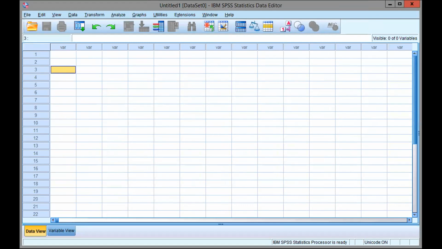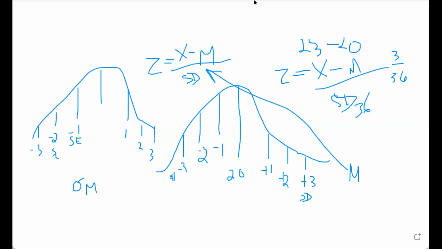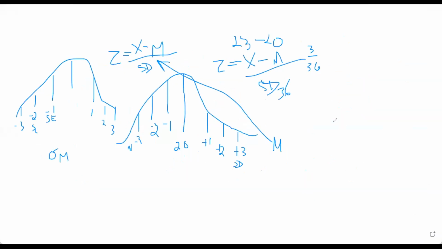The standard error of the mean is equal to the standard deviation over the square root of n. I think I mentioned that earlier in class, but in case you missed it, that is the formula.